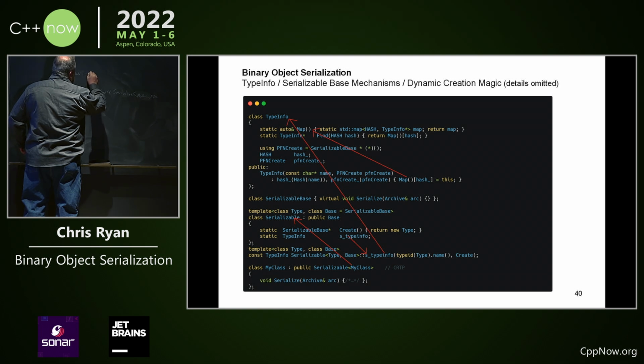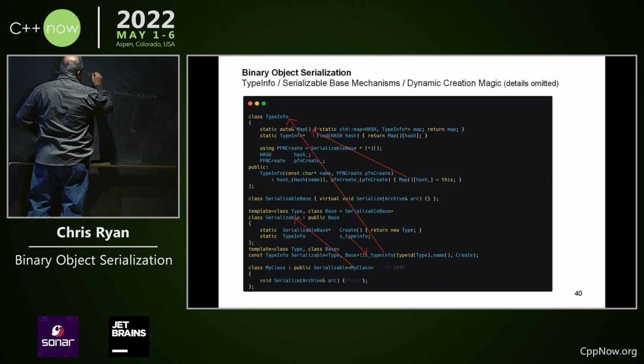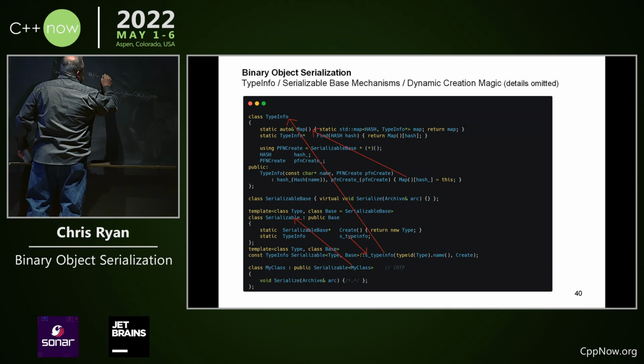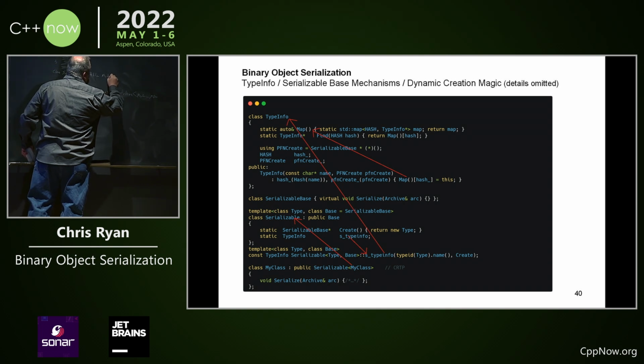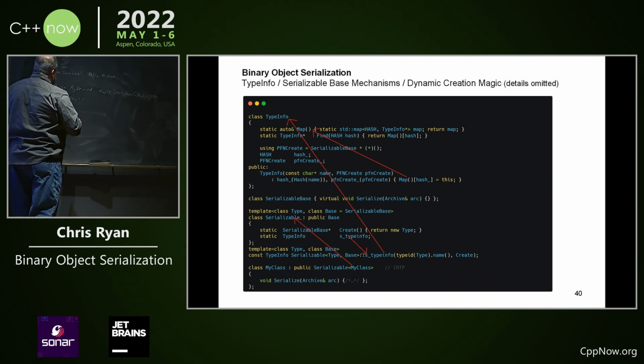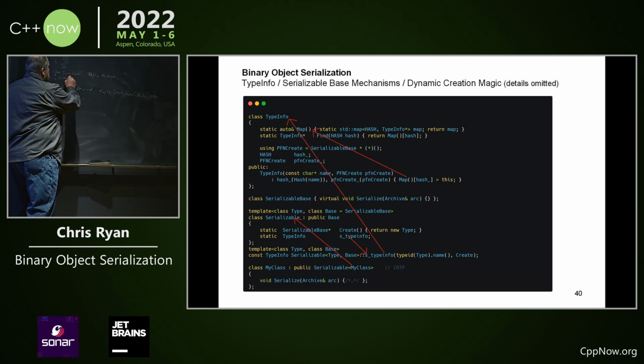it would be, I just cannot write, public my base. And this would have the create function and the static type ID or the type info.